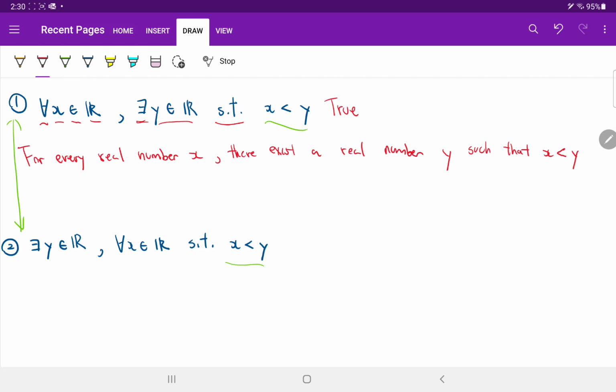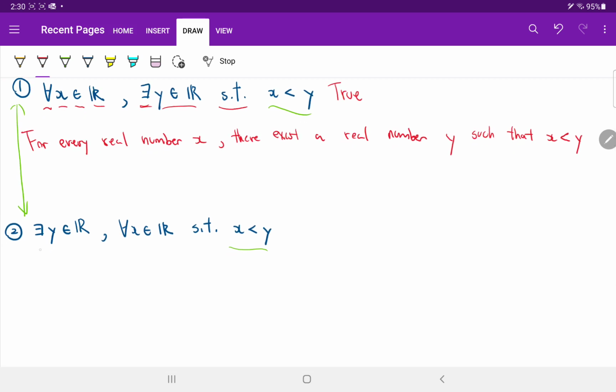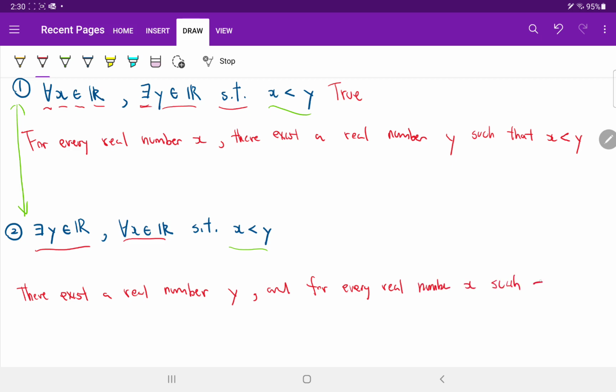Like what we did before, you want to first write it in the form of an English sentence. So what will this be equal to? Well, this is saying that there exists a real number y, and this is for every real number x, such that x is smaller than y.